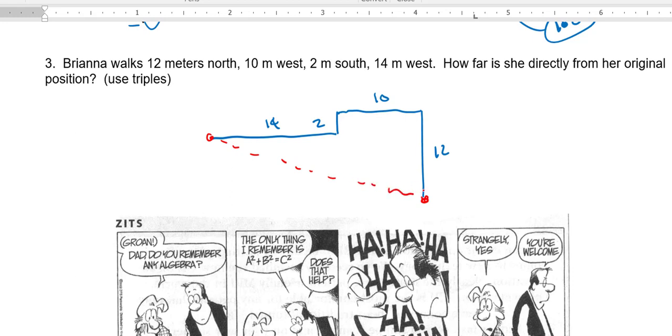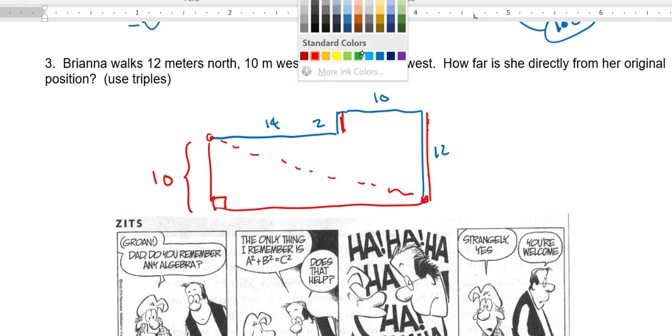So what I'm going to do here is break this down into a right triangle like this. So this length here is just going to be 12 minus this 2 here. So 12 minus the 2, so it's going to be 10.